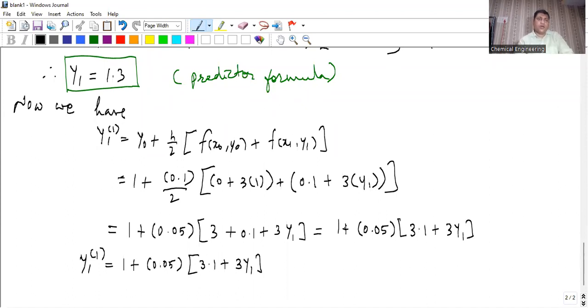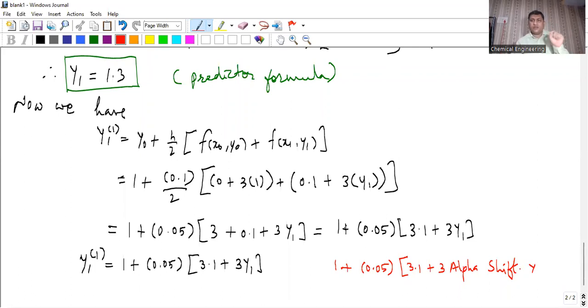Again I'll tell you how to write this equation. So 1 plus 0.05, then this is 3.1 plus 3. So you have to put the alpha button, then shift, and then you can see y. How do we get this y?